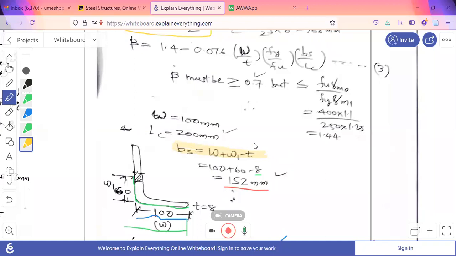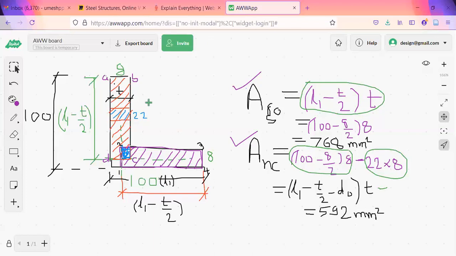What is the problem? What is your confusion? 100 plus 60. Corner to center of the hole. I'll show you, observe here. Corner to center of the hole. Again, observe this distance. This corner is here.